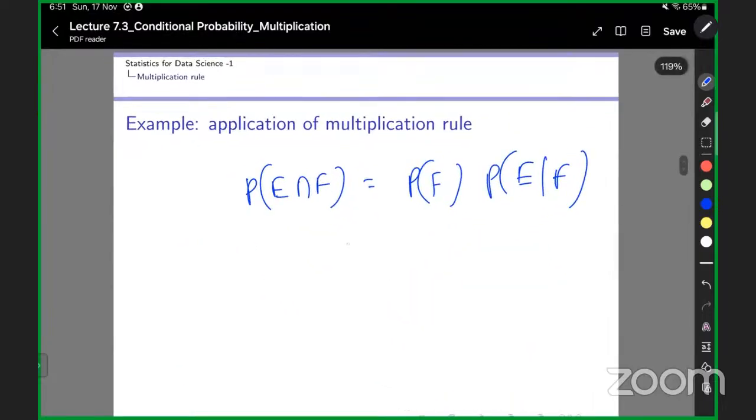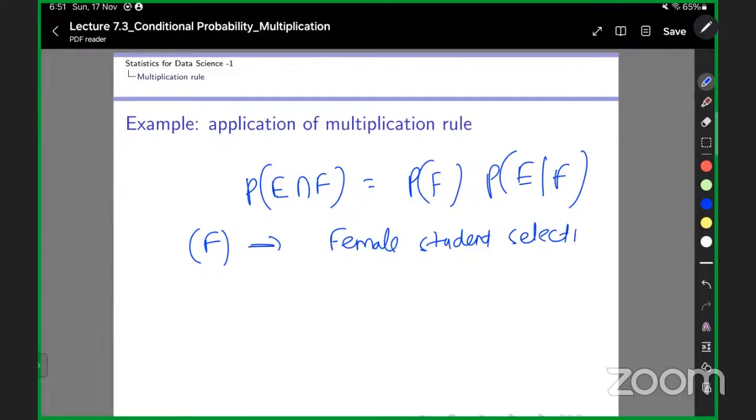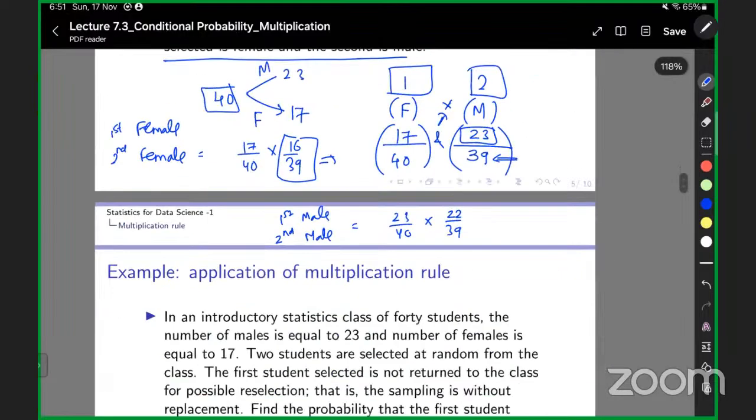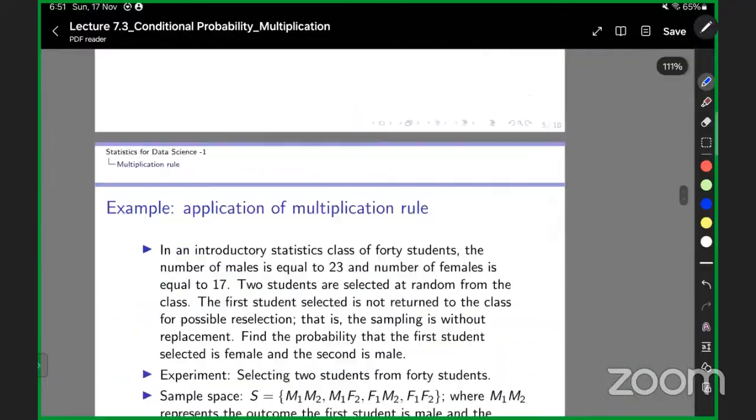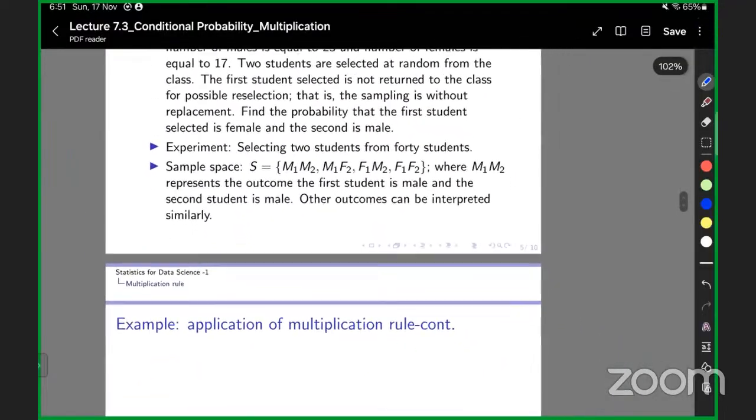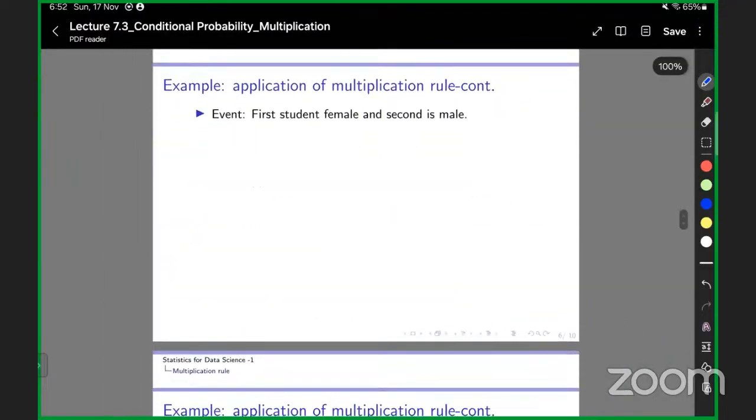What is my F in our scenario, which has already happened? What happened first? We selected a female student first. Female student selection. This is my F. Experiment.